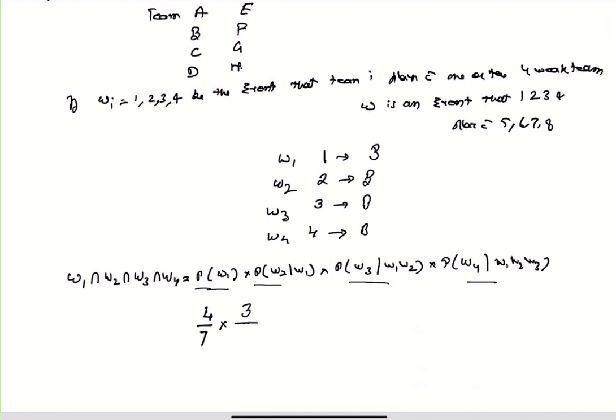And the number of teams to choose from is going to be 5, since one is the team itself and 2 teams are already gone. Then the next one has only 2 favorable teams to choose from, and 3 teams to choose from, because 2 teams are gone here and 2 teams are gone here, leaving 4 teams, and 1 is this team itself. So the final answer is going to be 8/35.